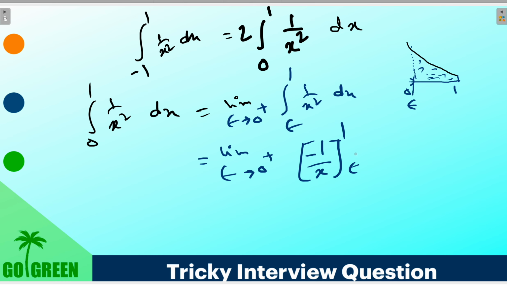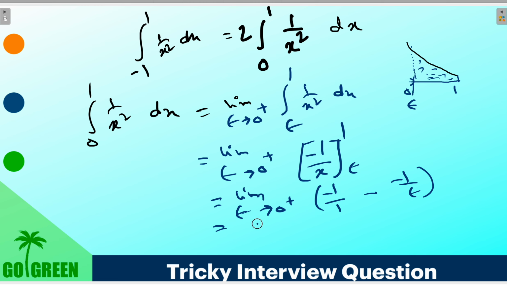Because the point of singularity is now removed, the limit as epsilon goes to 0 plus of this must give a function of epsilon. We'll see how. So minus 1 by 1 minus minus 1 by epsilon. Then this gives 1.